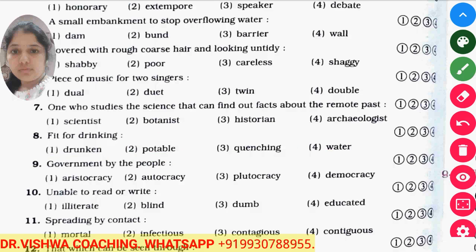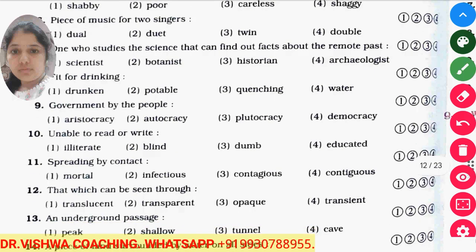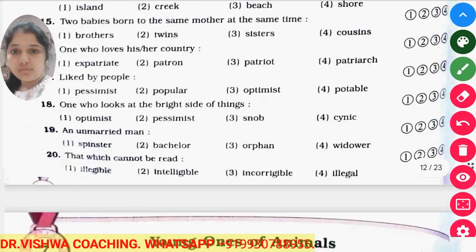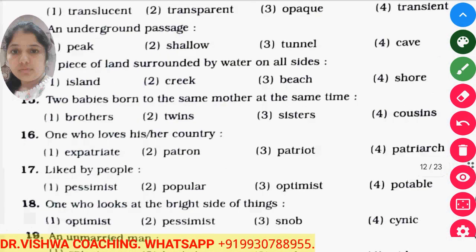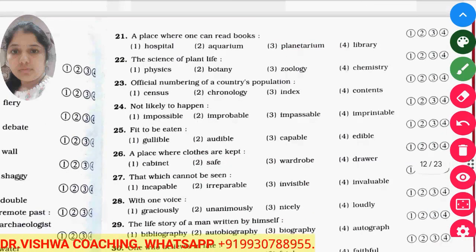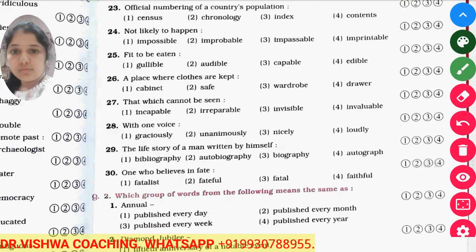Not drunken, not quenching. Water is one form of liquid, not the fit for drinking one. Government by the people, you all know India is the country which is governed by the people, so it is known as democracy. Like this you can find one word for the given group of words. You try at home. If you are not able to solve, then we will explain it to you.